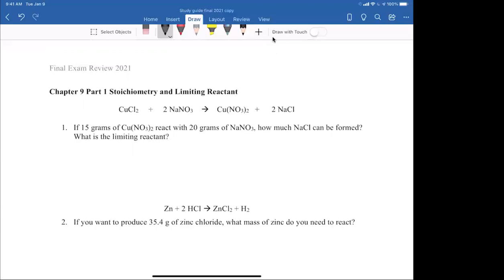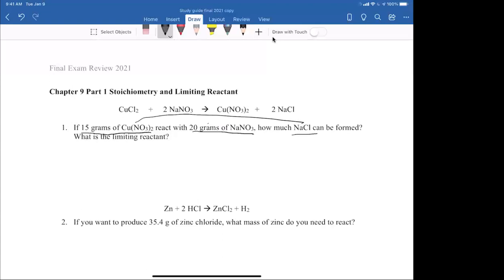It says, if 15 grams of CuNO3 react with 20 grams of NaNO3, how much NaCl can be formed and what is the limiting reactant? Not only is it a mass to mass, but it also is a limiting reactant problem, which means you're going to start with one of these and go to NaCl.